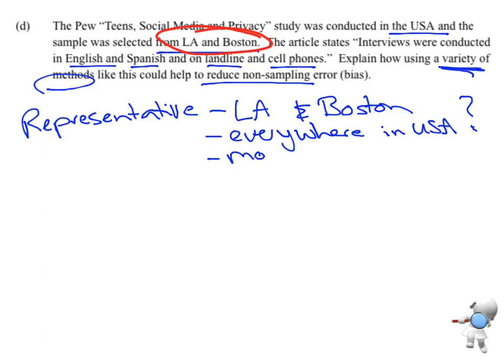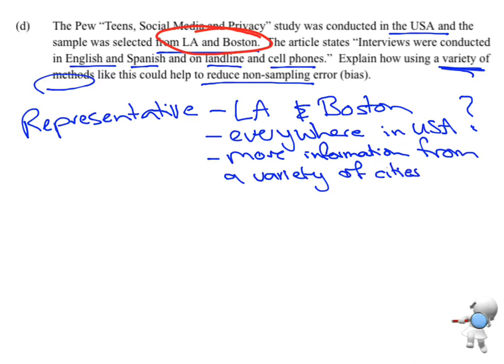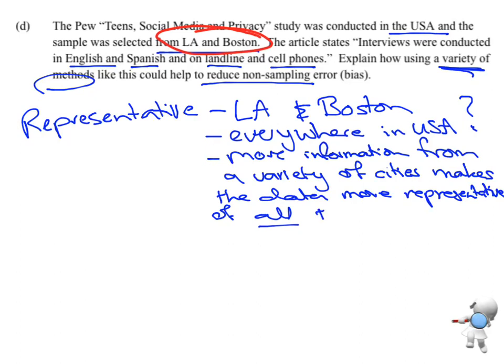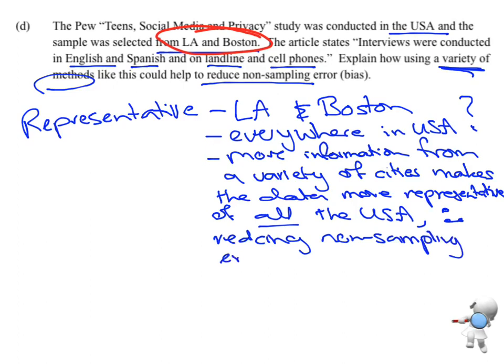Okay, so having more information from a variety of cities makes the data more representative of all the USA, therefore reducing non-sampling error. Okay, so that's one thing that we could talk about.